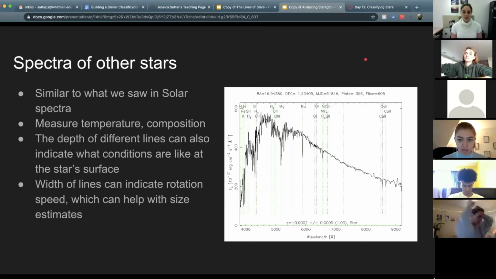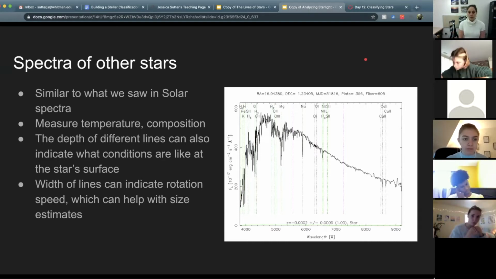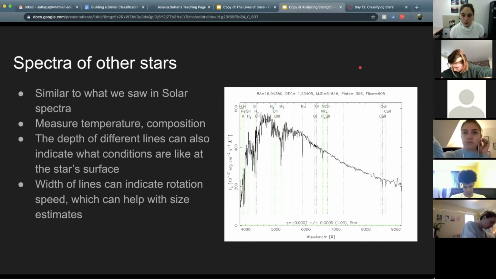Just as a reminder of what we ended with last class, we're now shifting from talking about the sun to talking about other stars and how we can use what we learned about the sun to understand what's happening in other stars as well. The last thing I showed you at the end of last class Thursday was the stellar spectrum of another star.